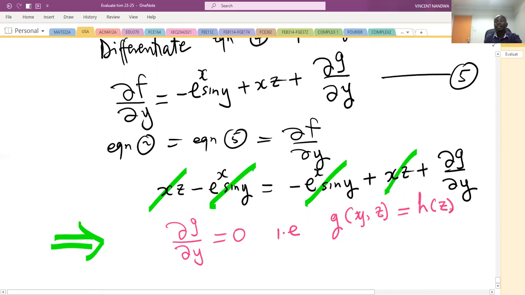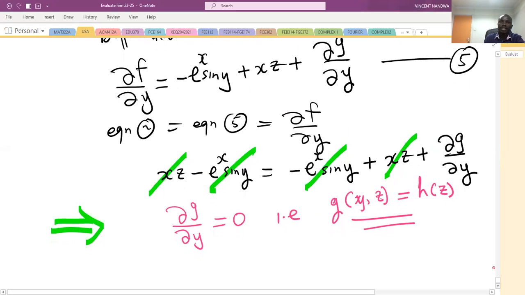We are saying this because remember the differentiation of a constant is 0. And when we are dealing with partial derivatives, partial g partial y giving a 0 means that it's a function that doesn't involve y. And because this was g of yz, it must be that g depends on z alone. That's why we are saying this.